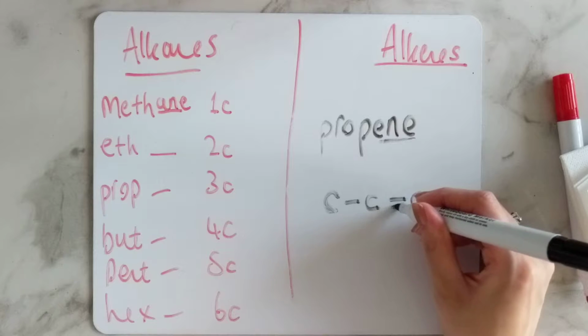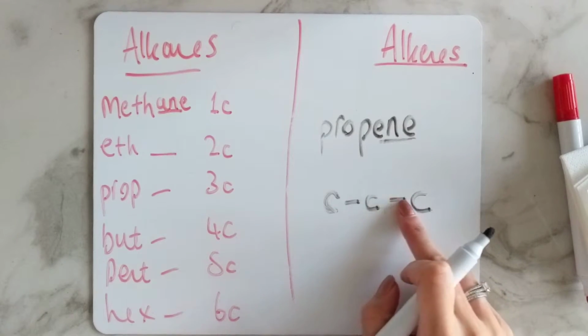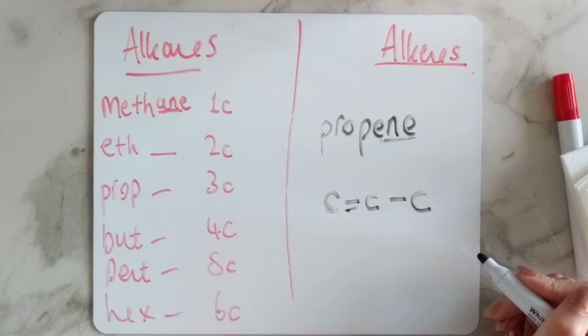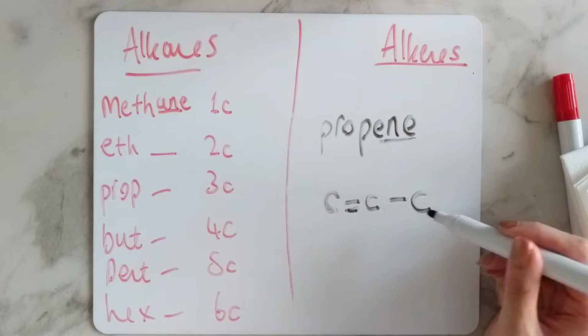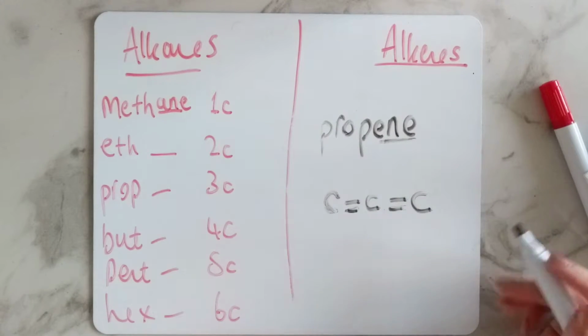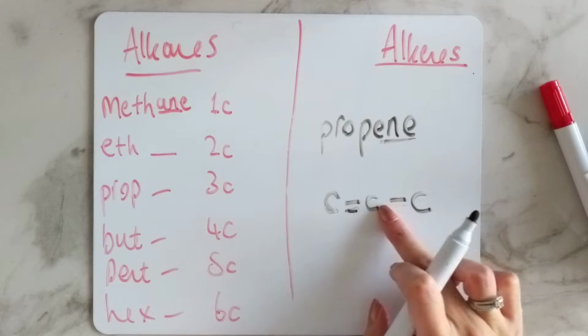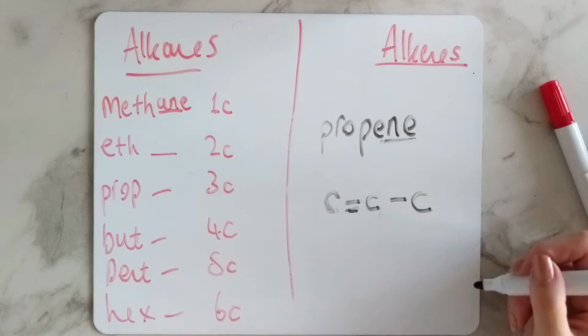So you draw 1 double bond somewhere in the chain. It can be there or it could be there, it doesn't really matter, but make sure there's only 1 carbon to carbon double bond in the whole chain. So don't start drawing double bonds between all the carbons, that would be wrong. There's only 1 carbon to carbon double bond through the whole chain.